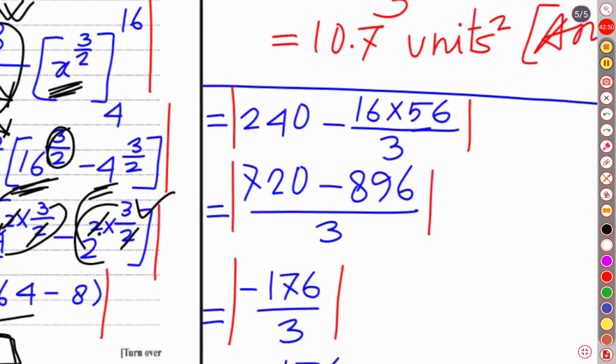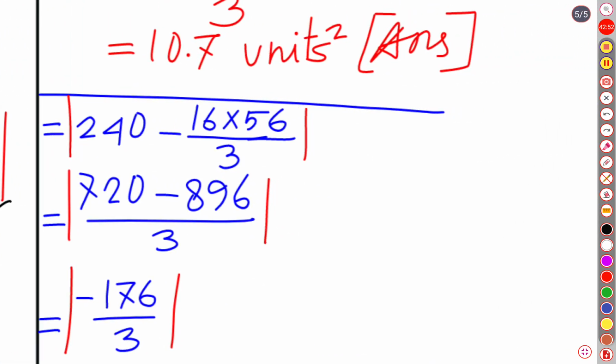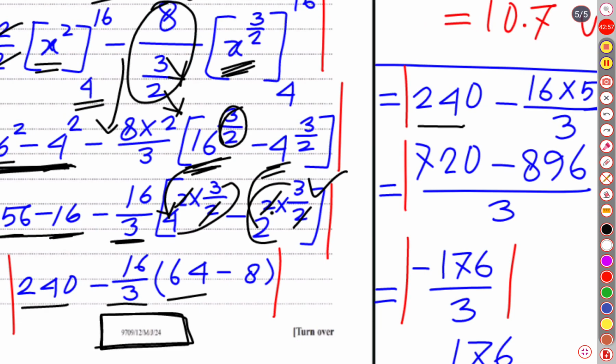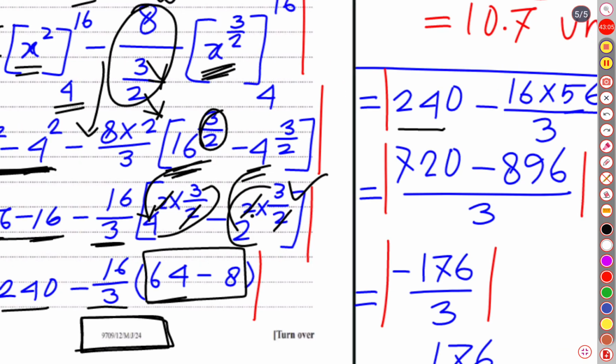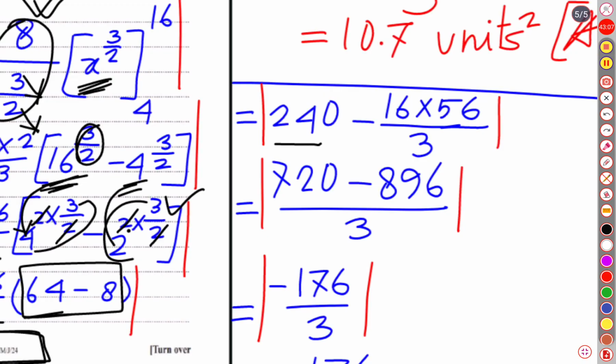The first constant number is 240, and we multiply it by 64 minus 8. 64 minus 8 is 56. So 16 has been multiplied by 56. We have written here 16 into 56. After simplification, we will get 720 minus 896.